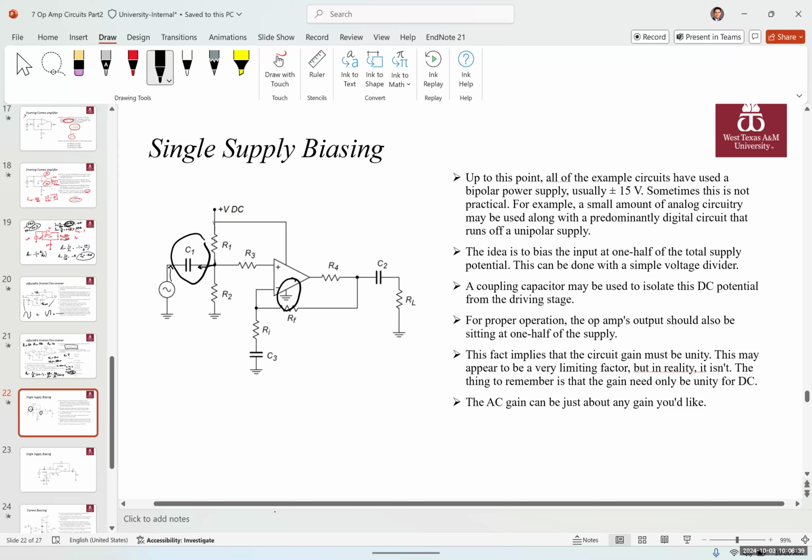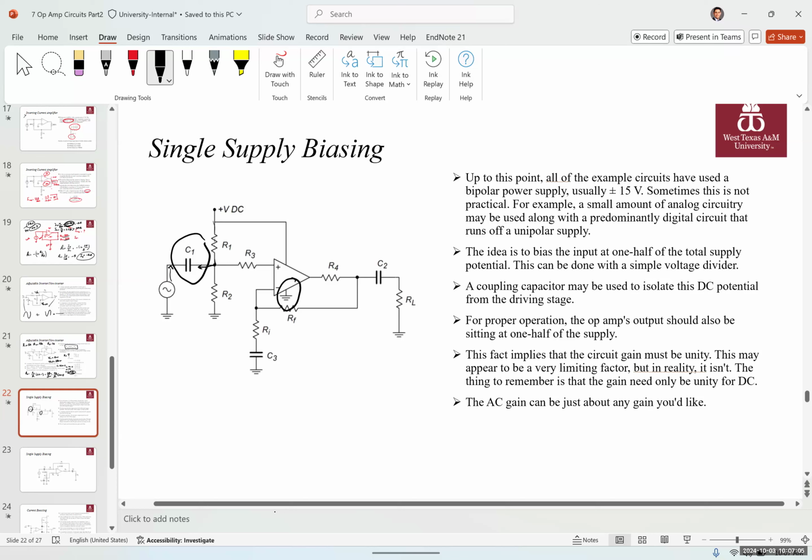Motion sensors, fire alarms, a lot of those have a battery. Sometimes we can't put multiple batteries, but we want to reduce the power consumption, so we use a single supply biasing. This is good for a switching system that you want to combine with a digital system, a logic gate, to be able to turn on and off a logic gate or some simple analog.